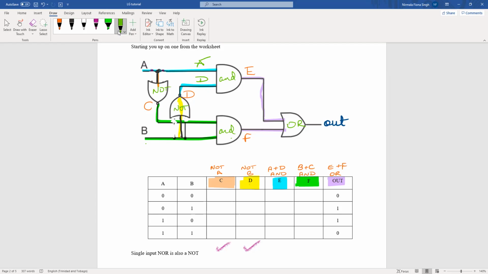Now let's look at the next gate. B and C pass through an AND gate to give us F. That's why it's in the bright green. And lastly, we have both E and F passing through an OR gate to give us our output. So we are going to try this right now.